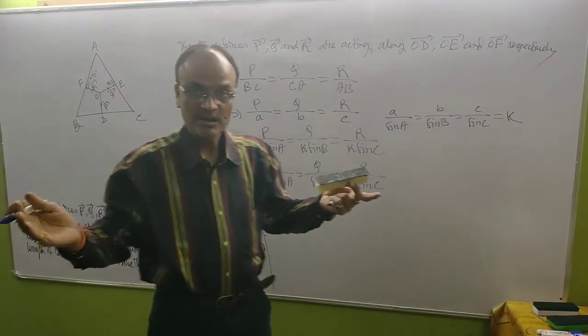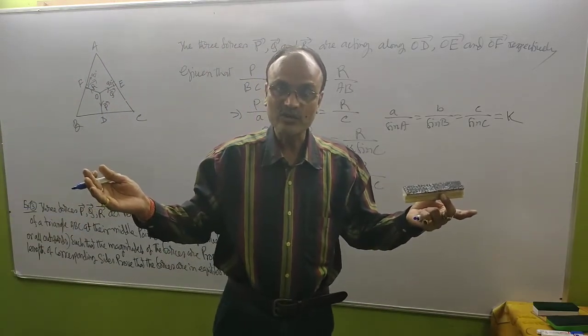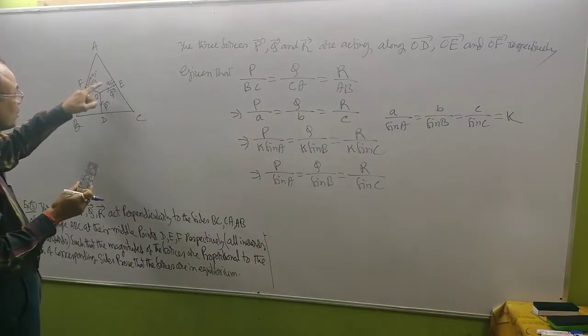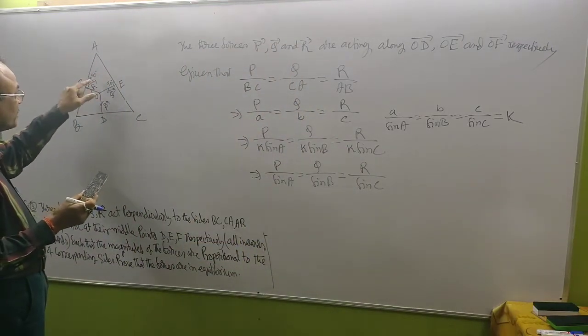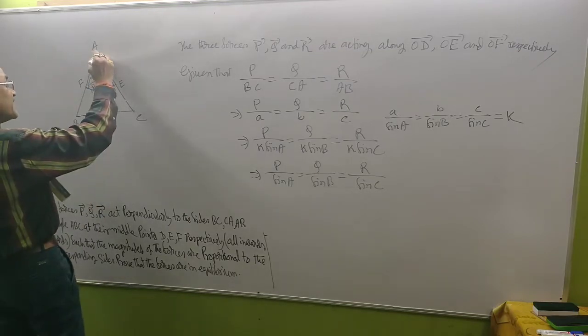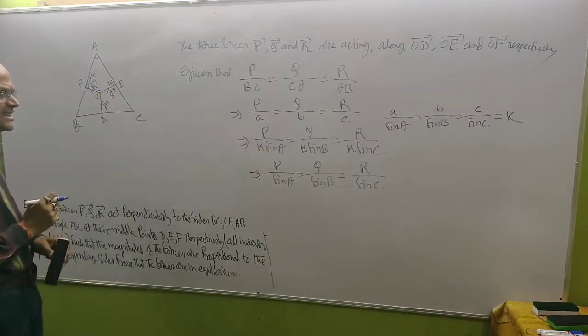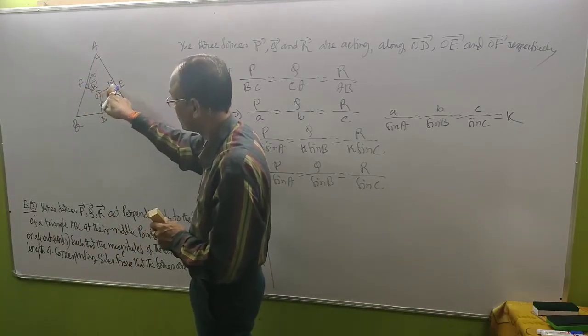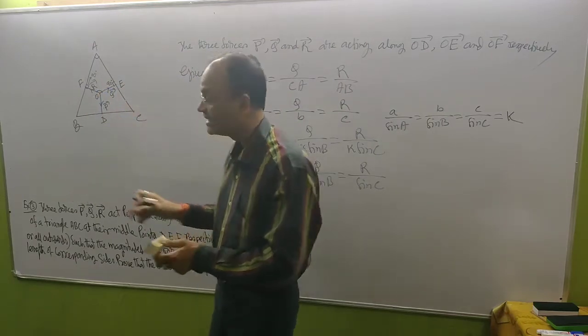Sum of the interior angles will be 360 degree. 90 degree, 90 degree, 180 degree. If you minus 180 degree, then sum of this and this will be equal to 180 degree. Sum of the angle A and this angle equal to 180 degree.